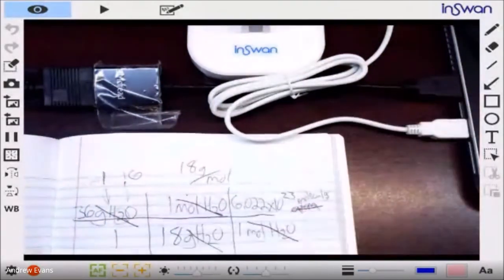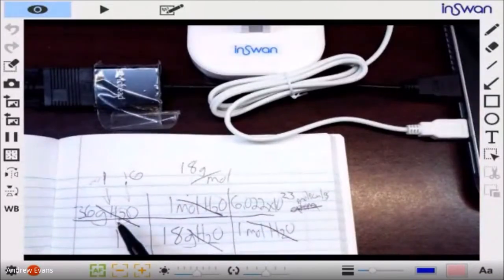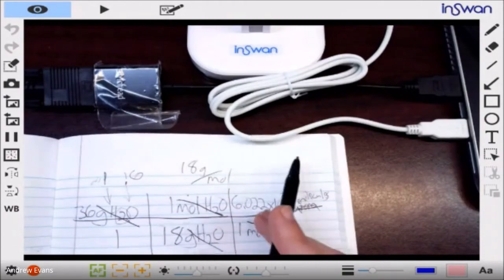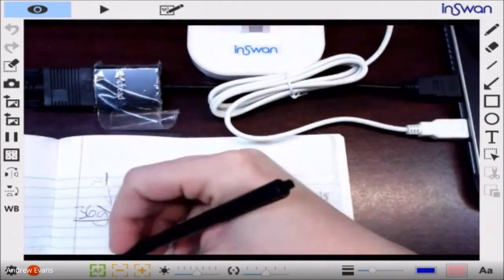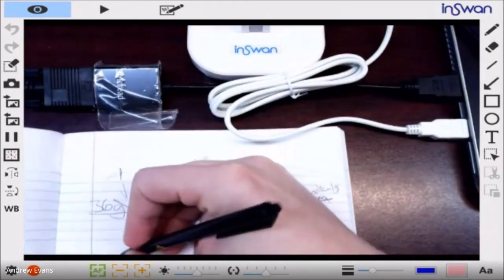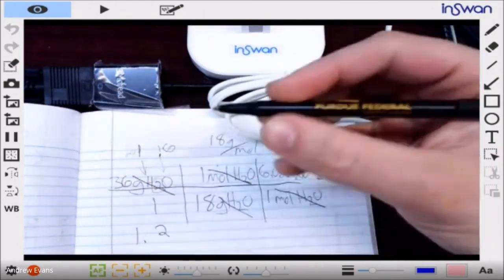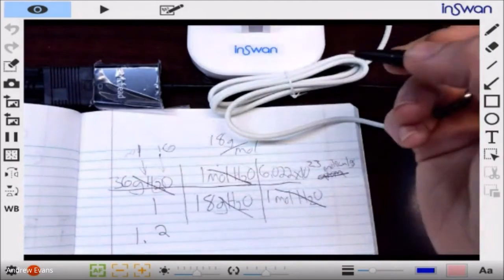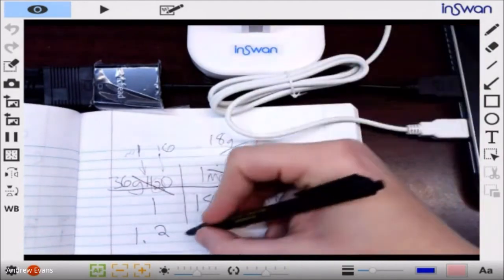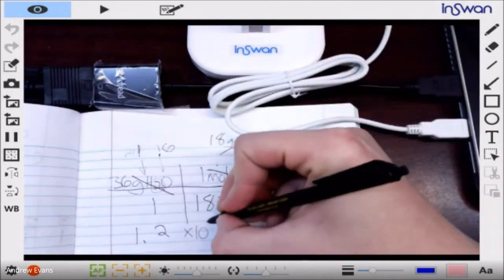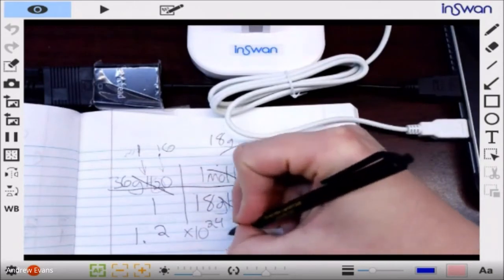So working my way all the way through, 36 divided by 18 is 2. 2 times 6.022 puts us at essentially 1.2 times 10 to the 24th molecules.